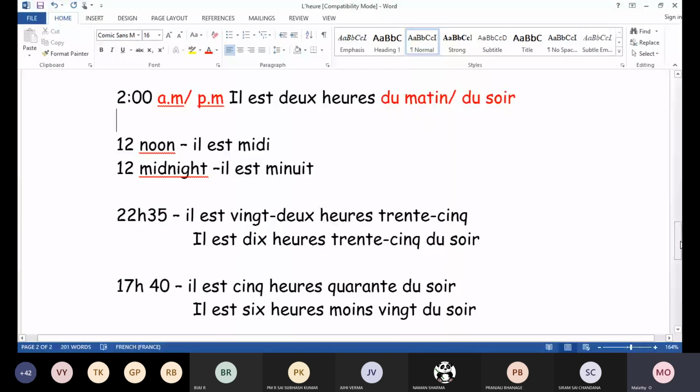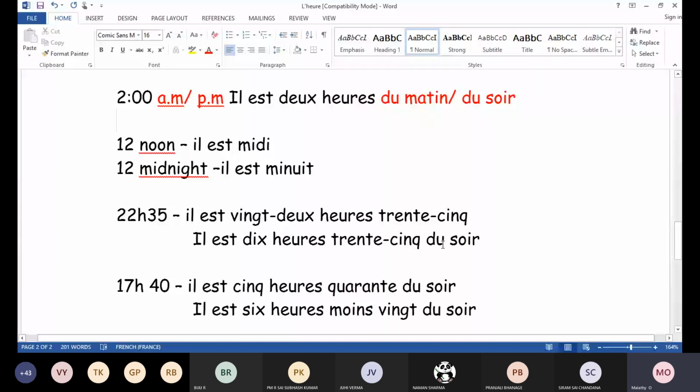And you could see here the other timing, 22:35. It's in 24 hours format, so you can directly write it as il est 22 heures 35. It is 22 hours 35. This is one way. The other way, you can convert it to the PM form, like il est 10h35 du soir, 10:35 PM.